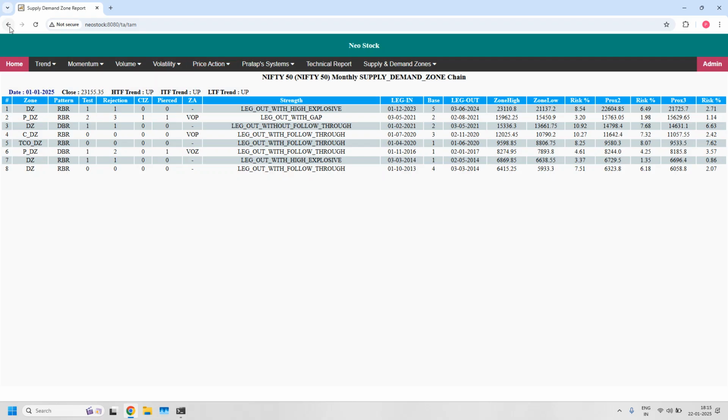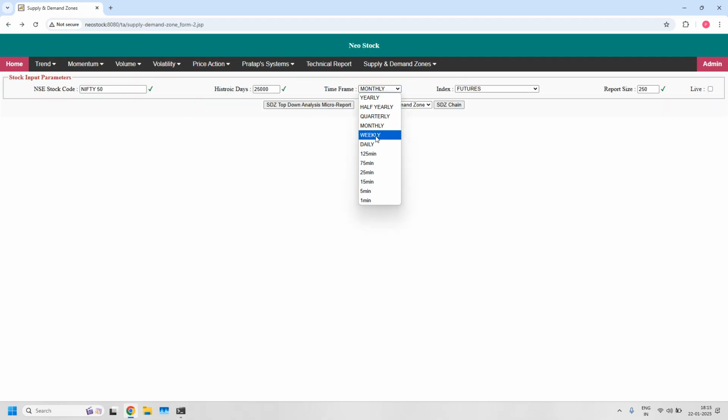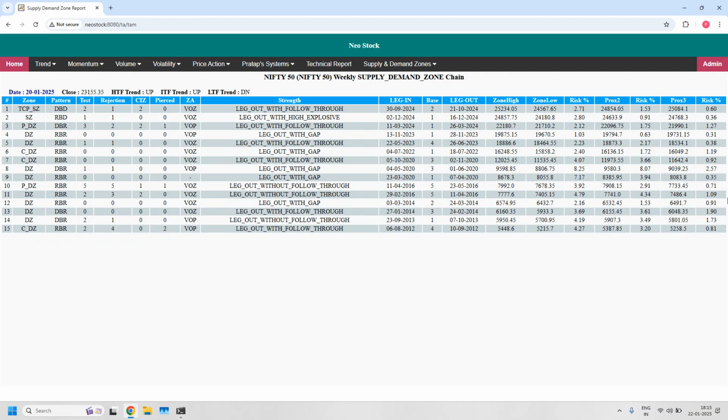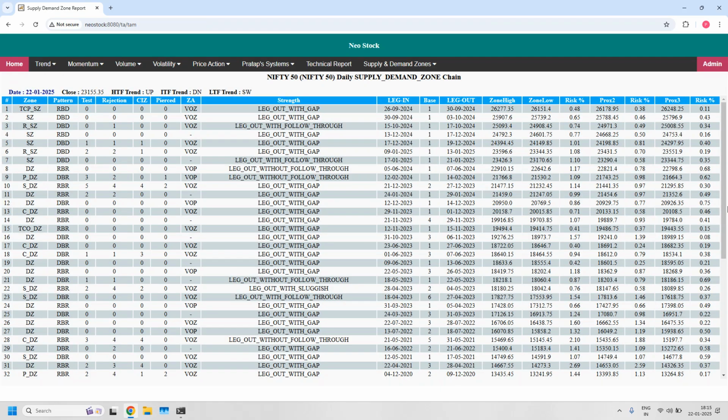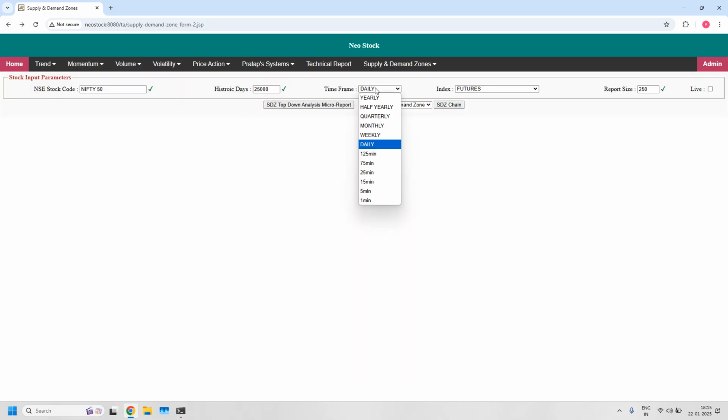Okay, next, weekly supply demand zone chain for NIFTY. Next, daily supply demand zone chain for Nifty. Next, 125 minutes supply demand zone chain for Nifty.